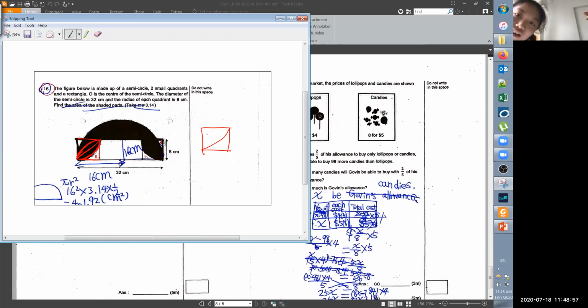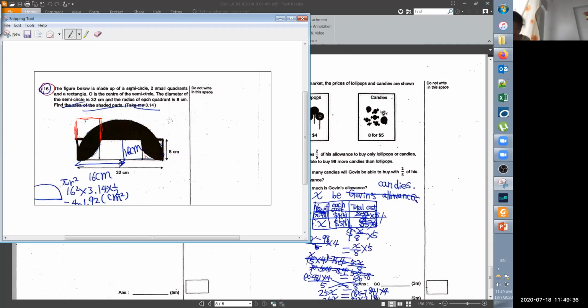So what remains is to find this. Are there these two lines? Yes. So how do you find this small part? The small part here is made up of a semicircle and 2 small quadrants.